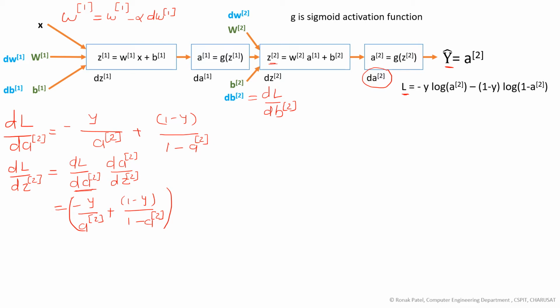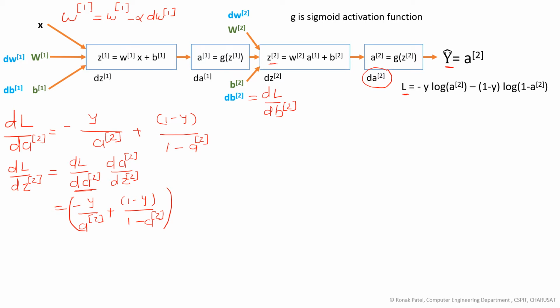So you can see here, this is the derivative of your activation function, and the activation function that we are using is the sigmoid activation function, right? So the derivative of sigmoid: if you remember, if g is your activation function, then g dash is equal to g into 1 minus g. We have seen the derivation of that in the previous videos.